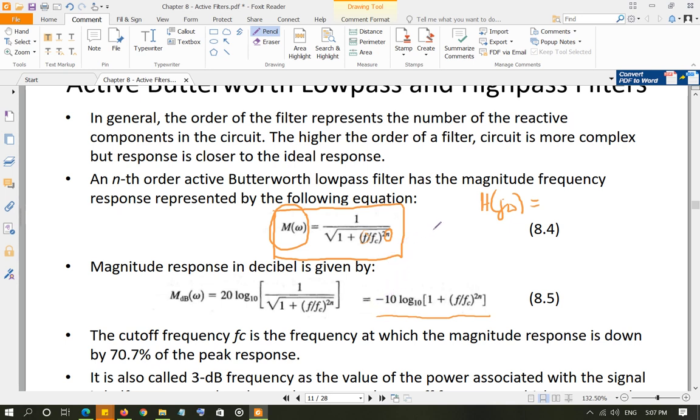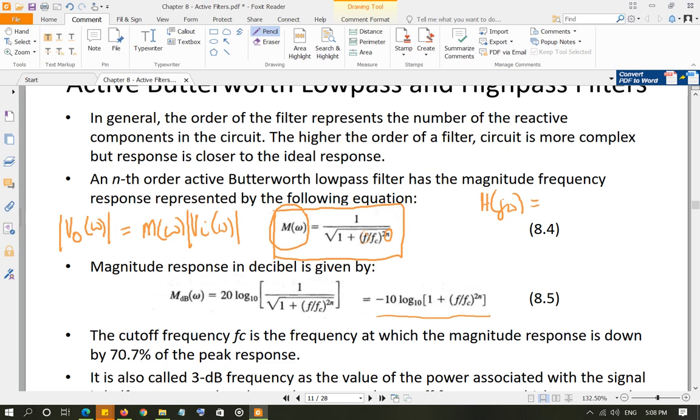That means the output of the filter maximally will be equal to the input of the filter, because when you write down the output equation, the magnitude of the output V out omega is equal to M omega, the magnitude of the transfer function, times the magnitude of the input.